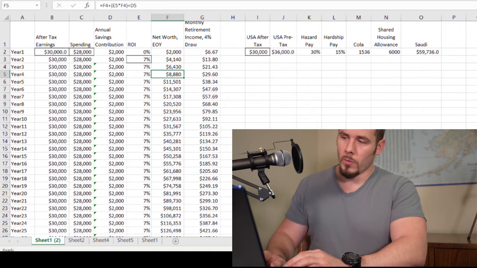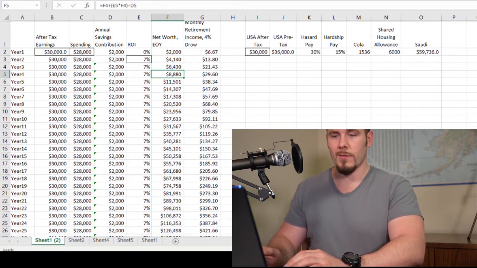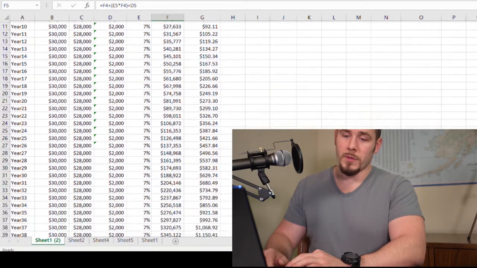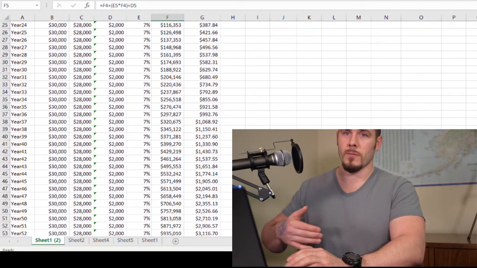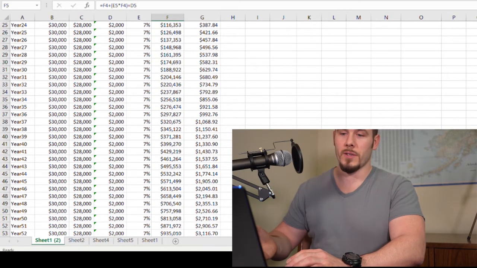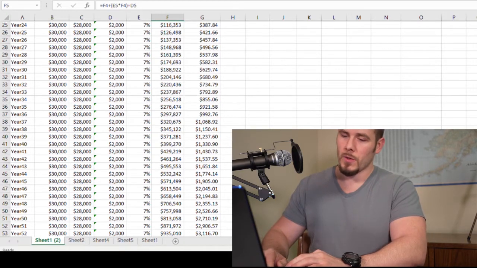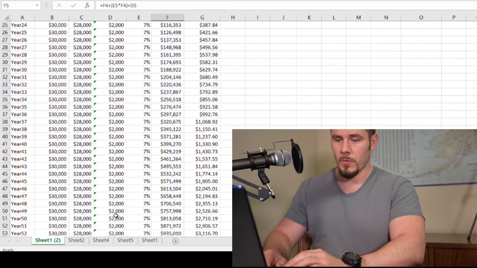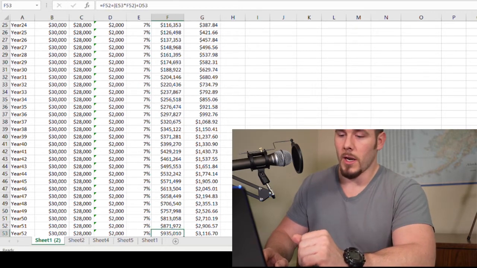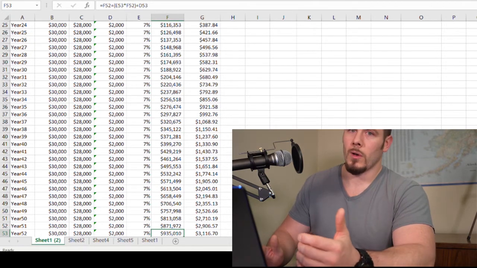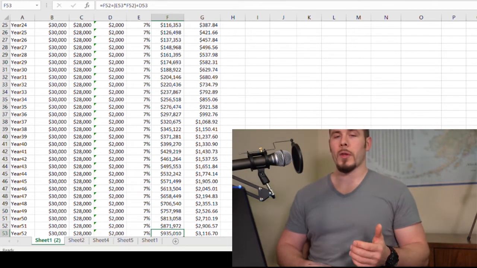So when we look at a person who's invested $2,000 a year at a 7% return for 52 years, and the reason we chose 52 is because 18 to 70 is 52 years. If they were to retire at 70, we'd be looking at $935,000. I don't think that's very exciting.